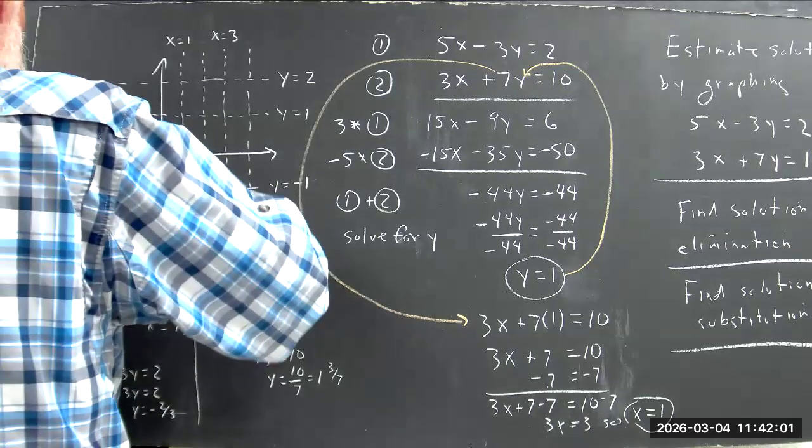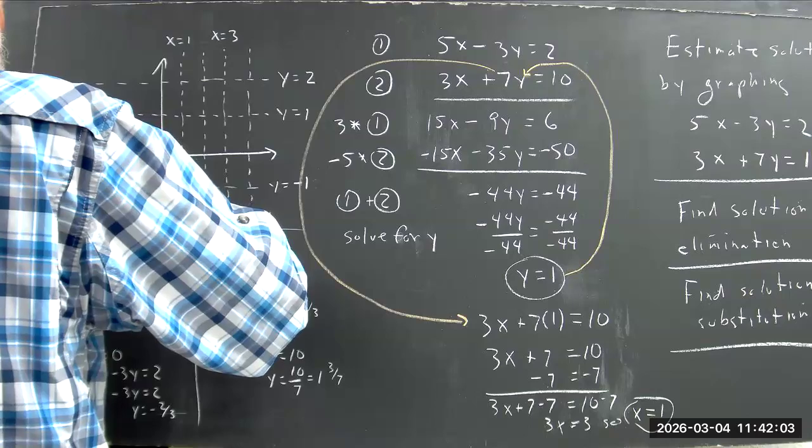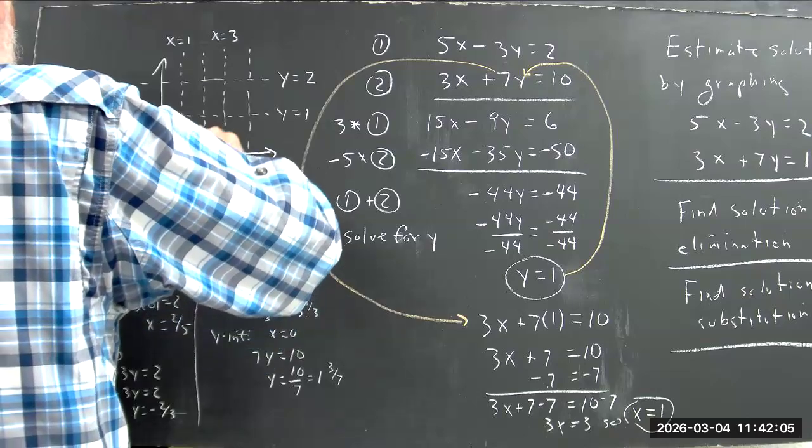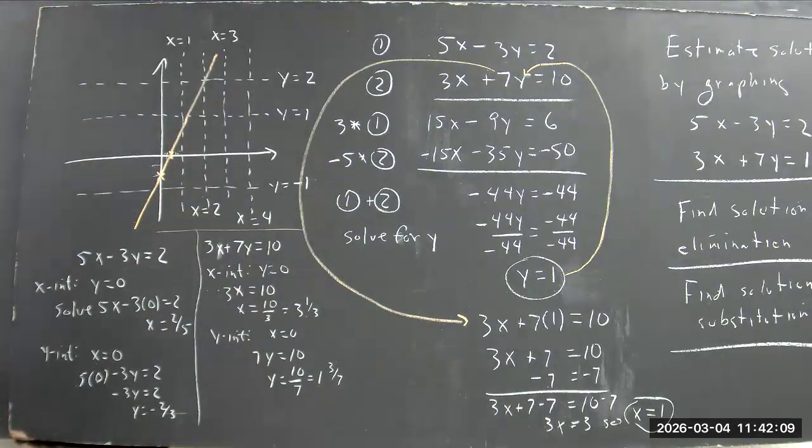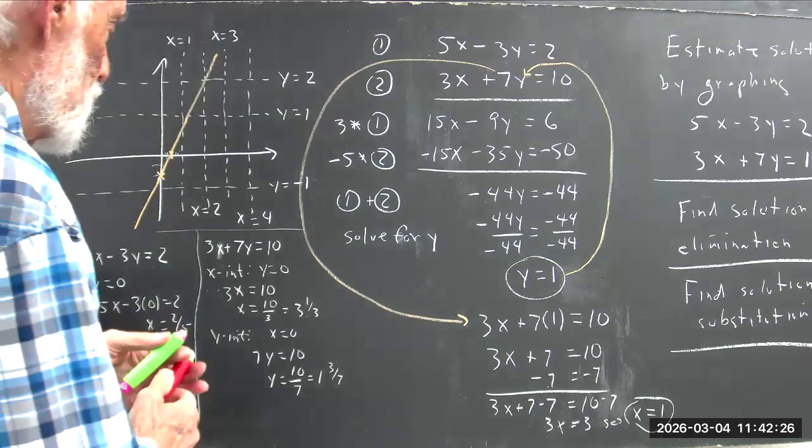However, if I sketch a line, well, there it is. I think I did a fairly good job of hitting the points. Now I know where the line ought to hit certain places, and it doesn't, but that's inevitable with a sketch, okay? With a hand sketch.